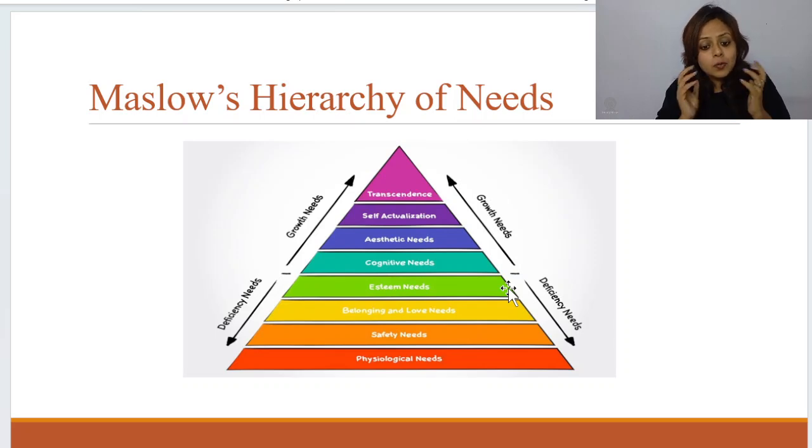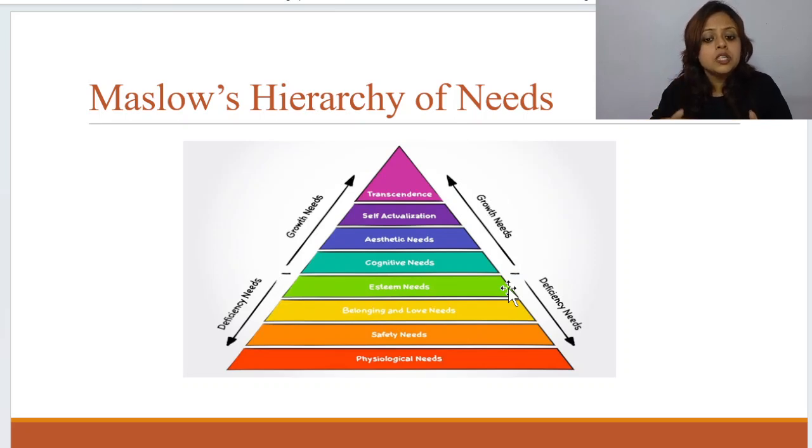So that is why these needs are known as deficiency needs. So the more you are getting these particular things which come under deficiency need, your requirement of those things will gradually reduce.